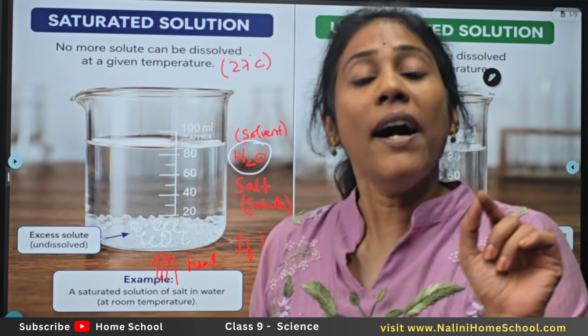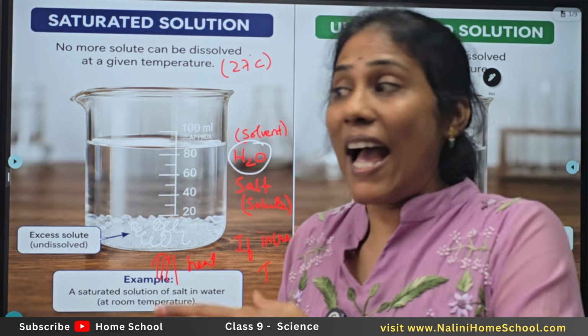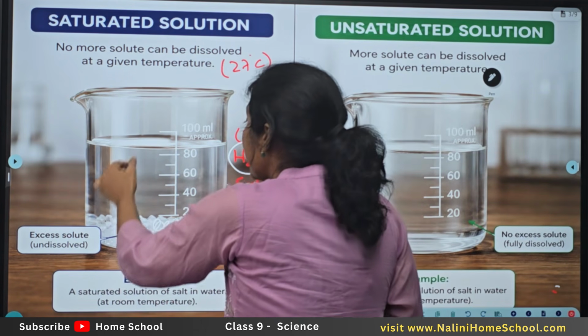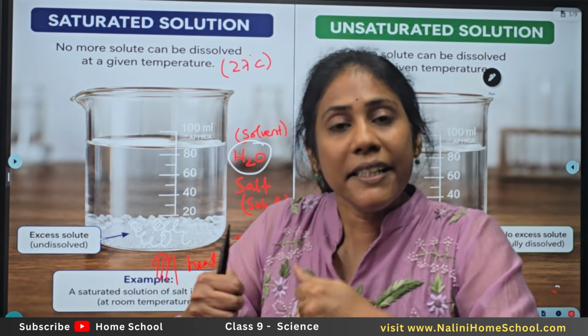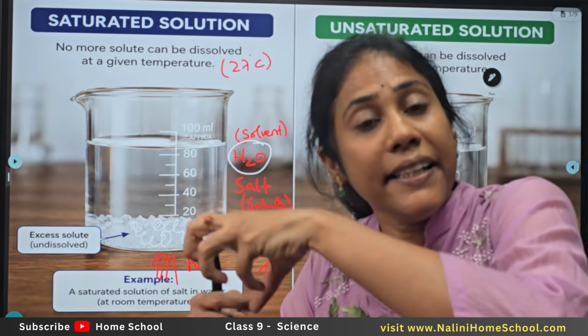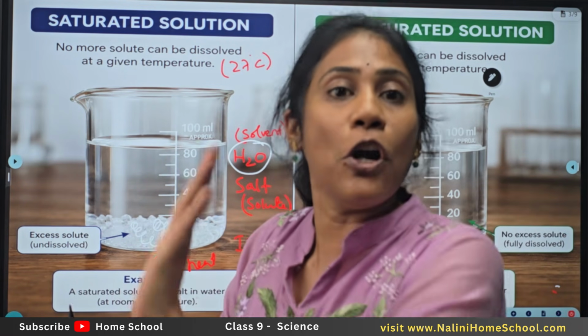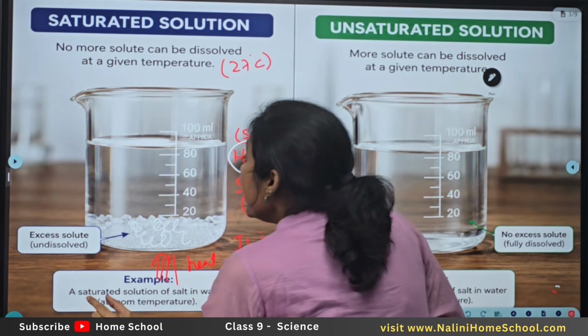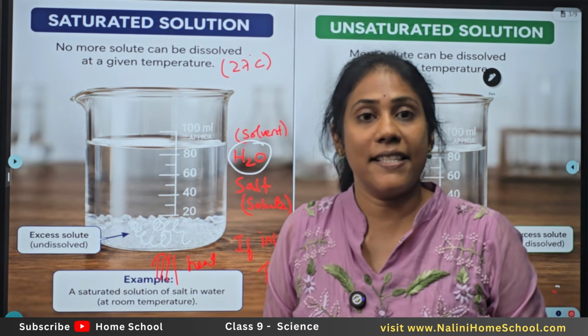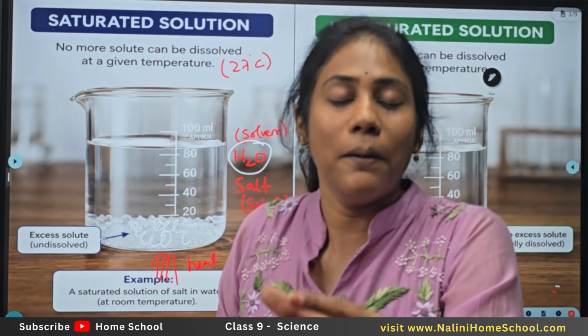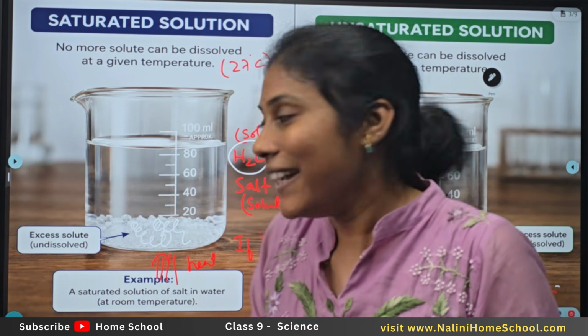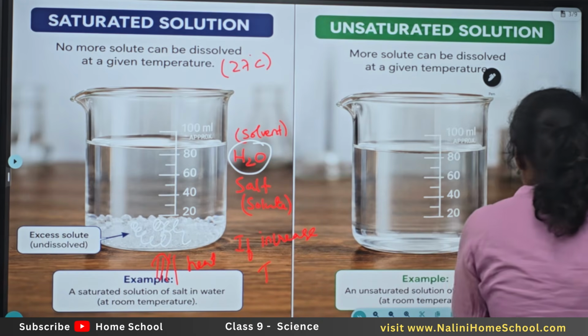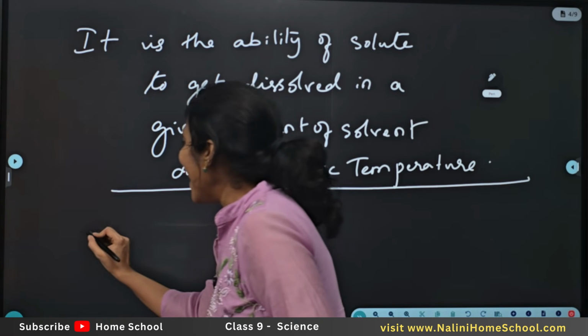So what I can say here is, as temperature increases, the capacity of a solute to get dissolved in a solvent also increases, even if something is in excess at that particular point. Okay, right? So this is a very interesting point.